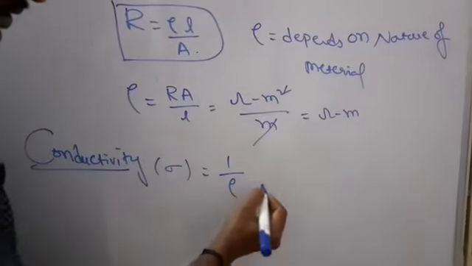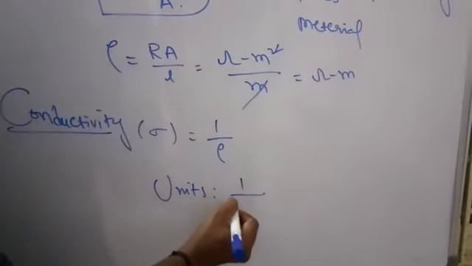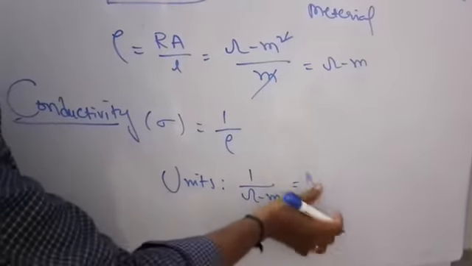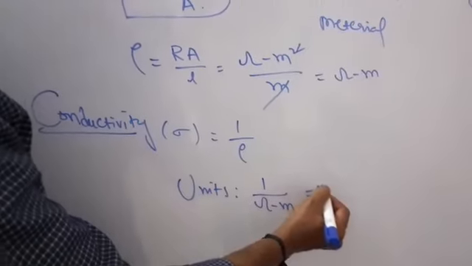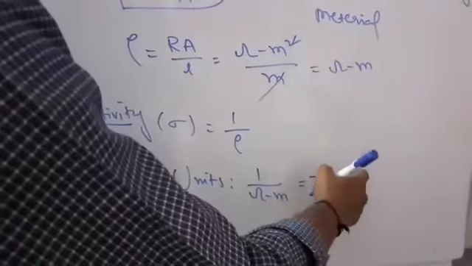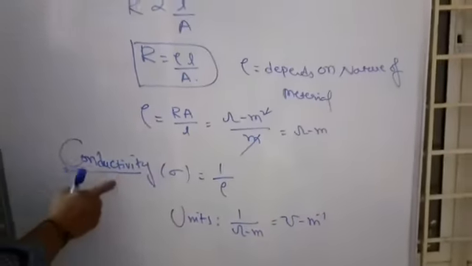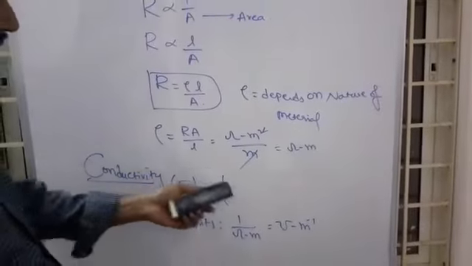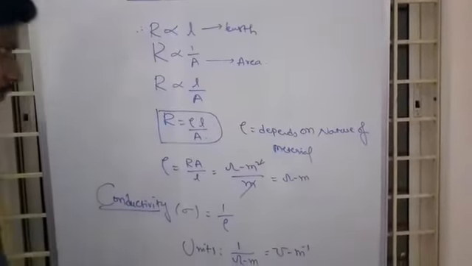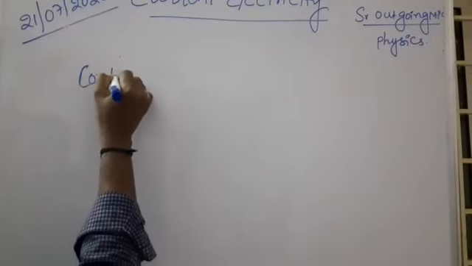Its units are 1 by ohm meter, or ohm inverse meter inverse, that is mho per meter. So the reciprocal of resistivity is called conductivity, and the reciprocal of resistance is called conductance.